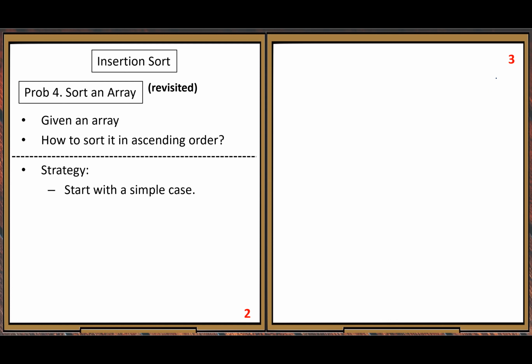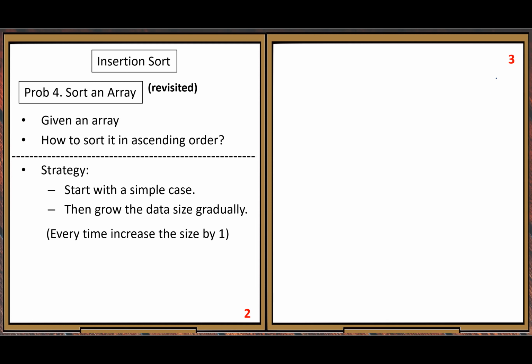Start with a simpler case. Let us try to sort an array with very small size. Then we grow the data size gradually, and we try to find some rule. Then we apply that rule, we can generalize our solution.